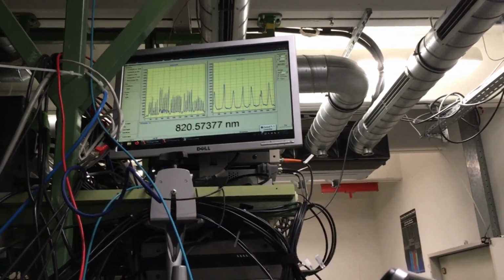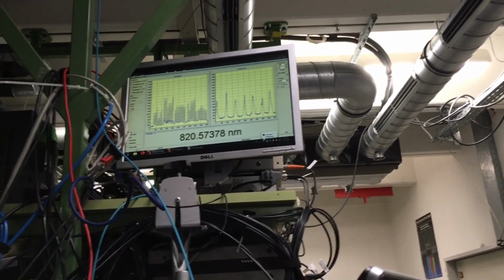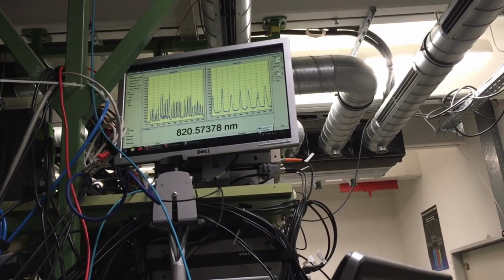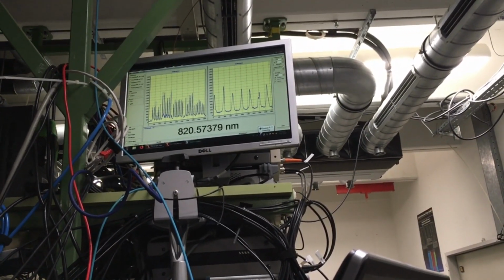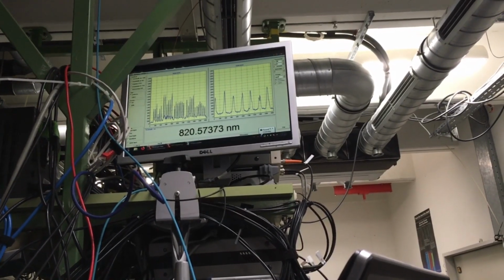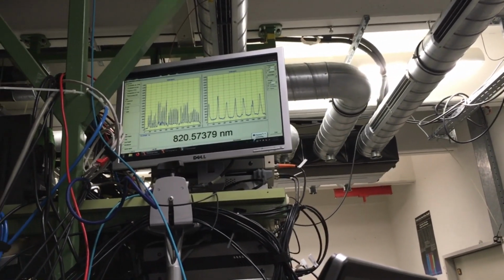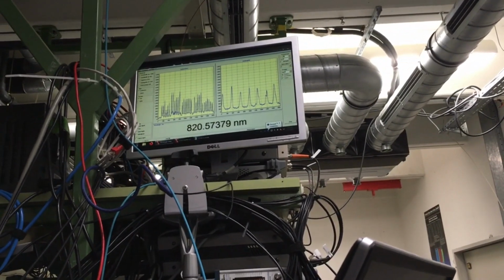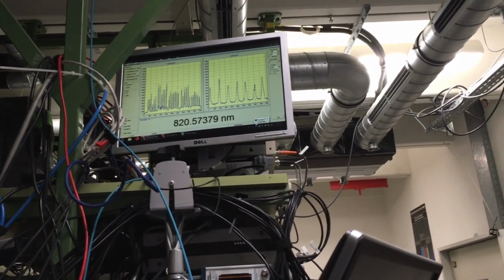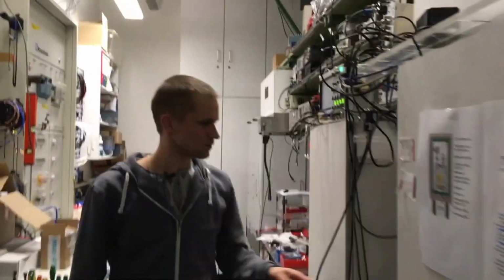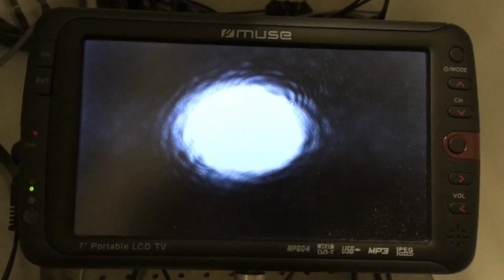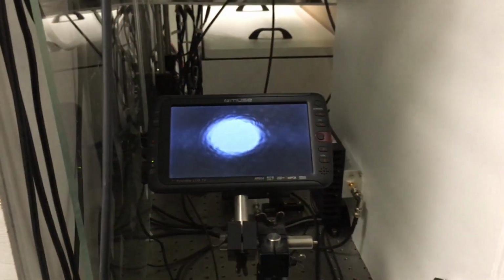What I'm doing is slightly changing the length in the master laser, which I've shown you in the smaller wooden box, by changing the voltage applied on the grating piezo. And now I've found the right mode, and I have the transmission signal here on the screen. In addition to the photodiode, we also have a camera to monitor and match the right mode.